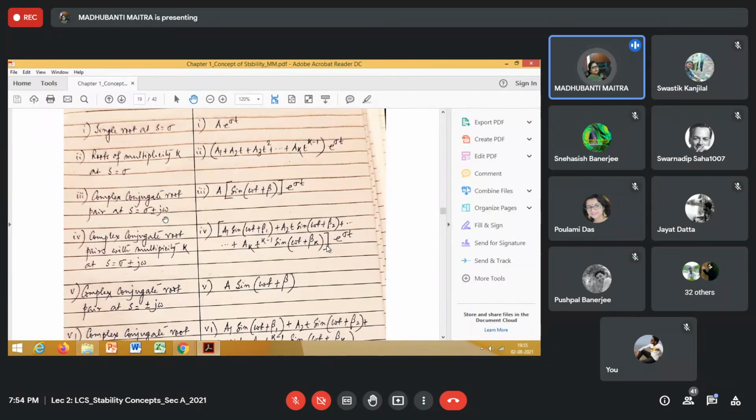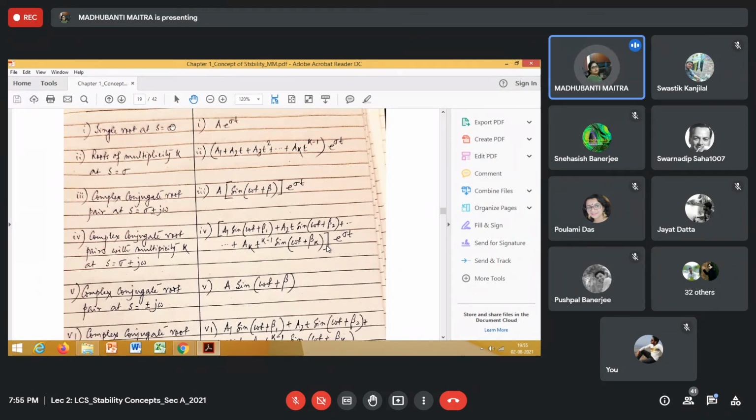So one real root on the s plane, as well as a complex conjugate root pair. What will be the response of the system?